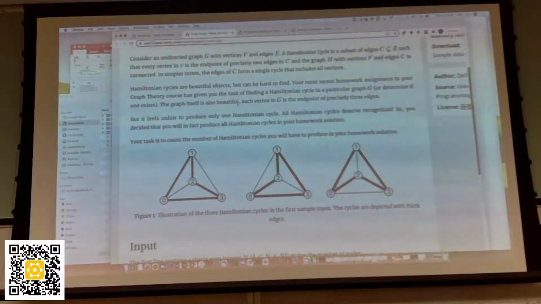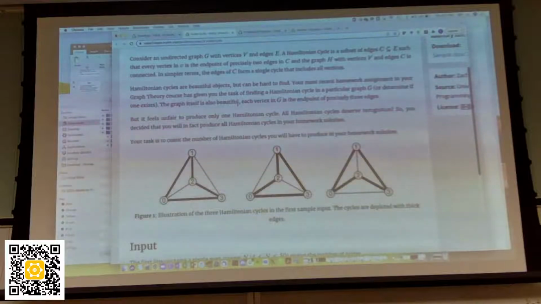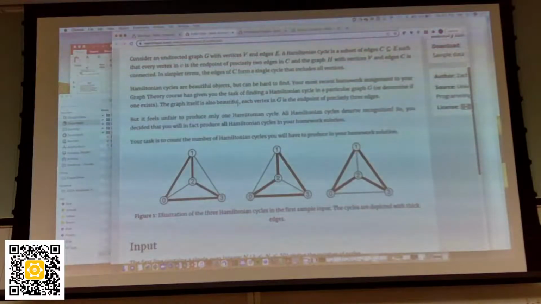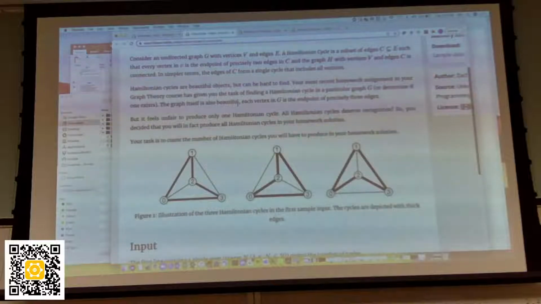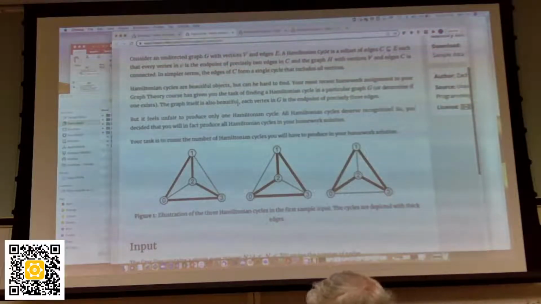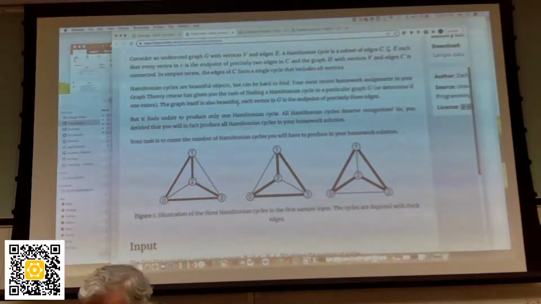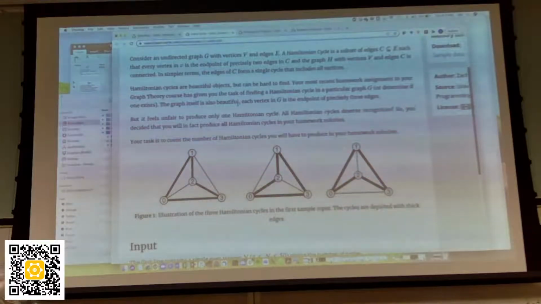Okay, so what's a Hamiltonian cycle? It's a cycle that visits all the vertices. It's no different from the traveling salesperson problem where you have to visit all the cities. The only difference here is that there are no weights for the edges. If there are no weights for the edges, the traveling salesperson tour is the same as the Hamiltonian cycle.